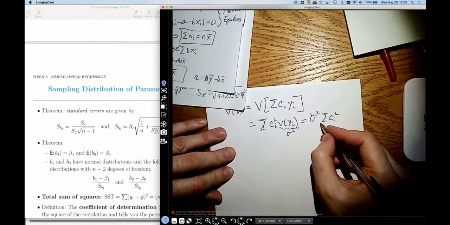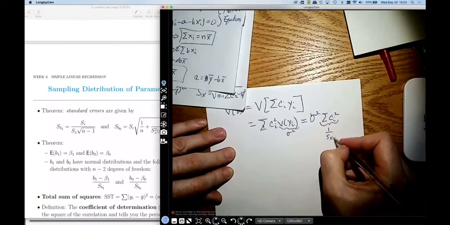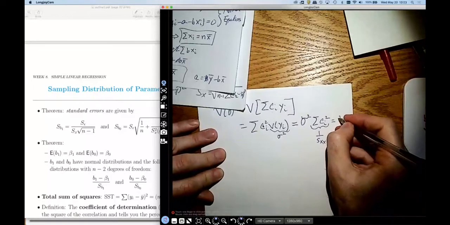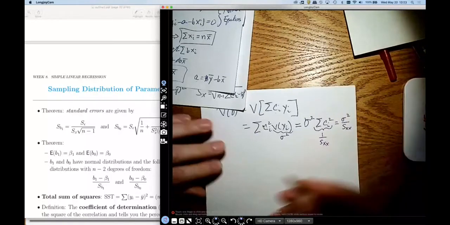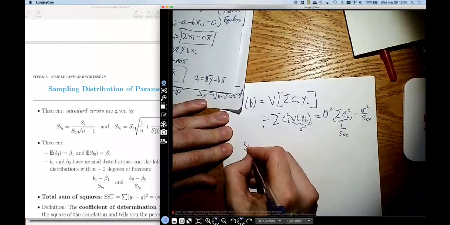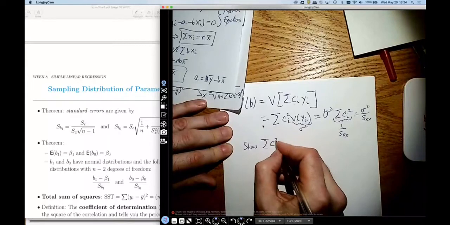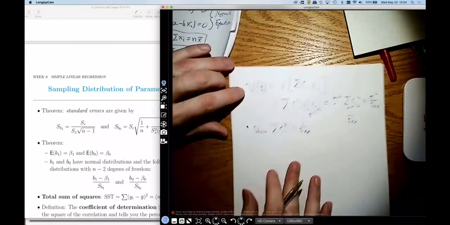It turns out this is equal to 1 over Sxx, and I'm going to leave that as another exercise. So the answer is sigma squared over Sxx, where you need to show that the sum of my Ci squareds is equal to 1 over Sxx.